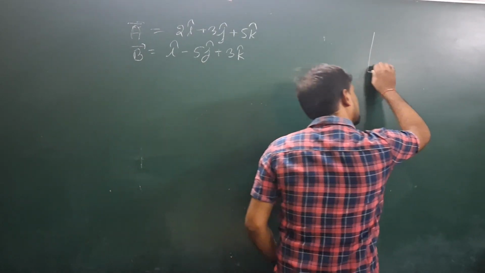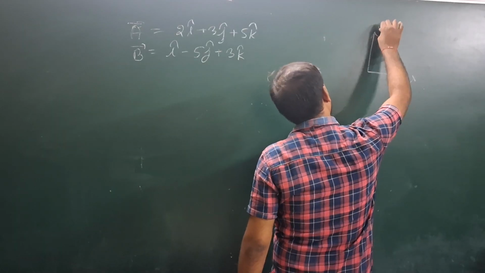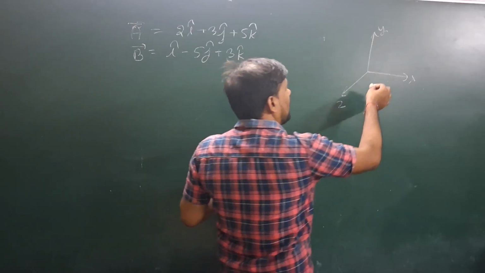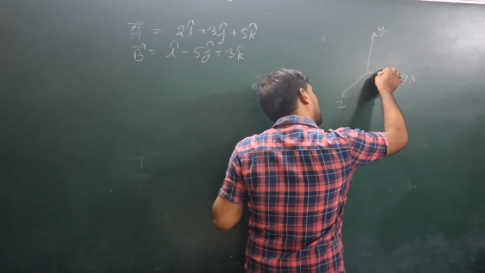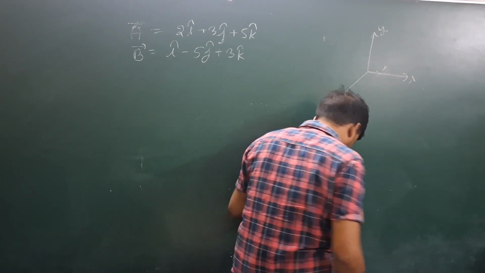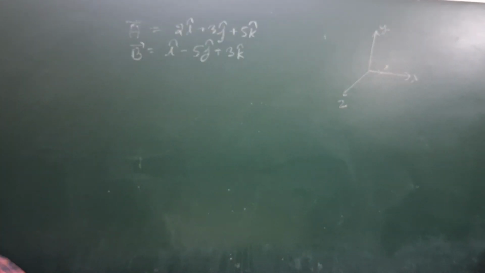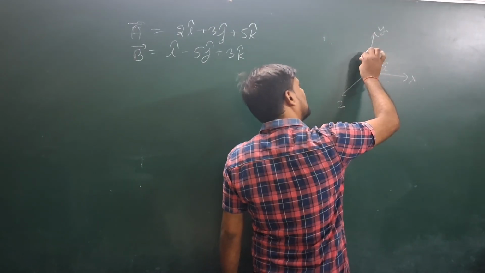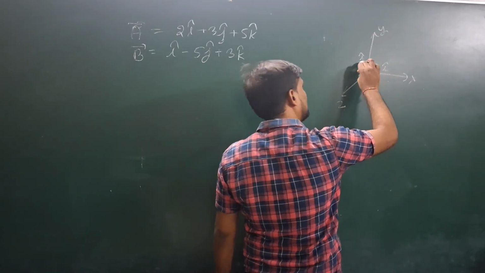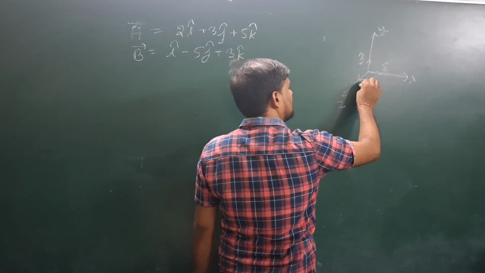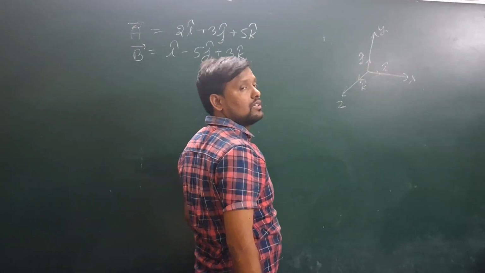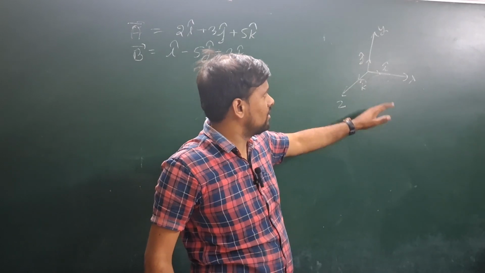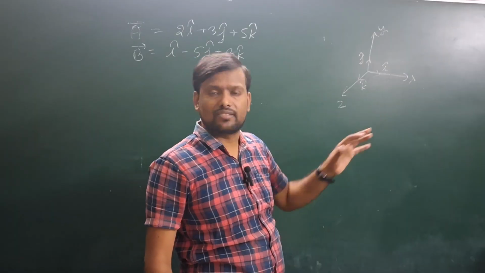We know that this is the x axis, this is the y axis and this is the z axis. In the x direction, the unit vector is represented by i cap, in the y direction by j cap, and in the z direction by k cap. i, j, k are the unit vectors along the x, y and z directions respectively.